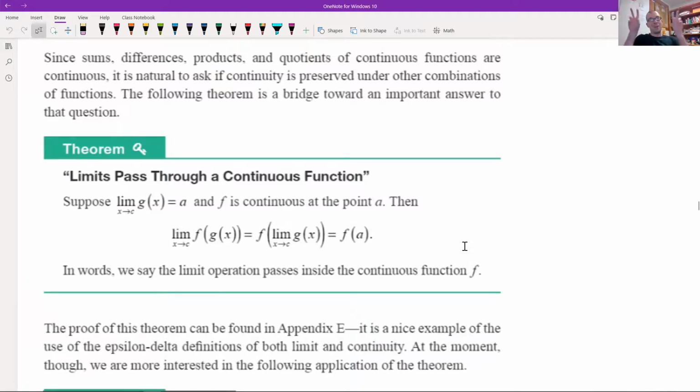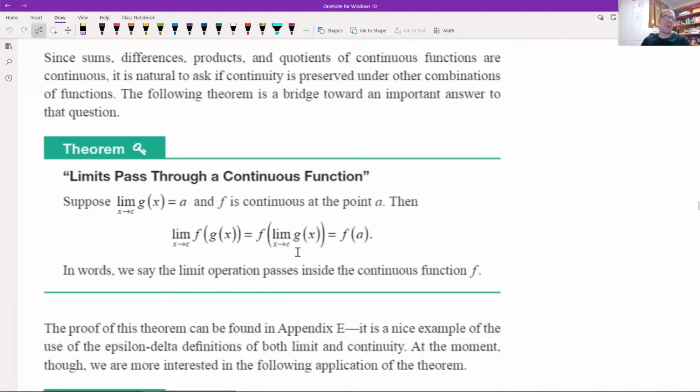This next one is about a limit passing through a continuous function. All that means is that when we're working with a continuous function f, and g is continuous at a, when you take the limit as x approaches c of g of x, you're going to get a out of that, and you're going to get f of a is the thing that you're looking for.